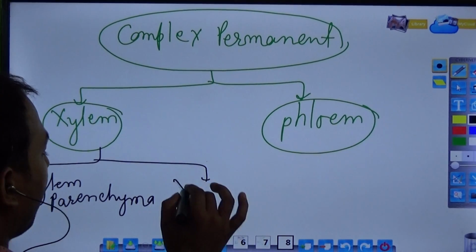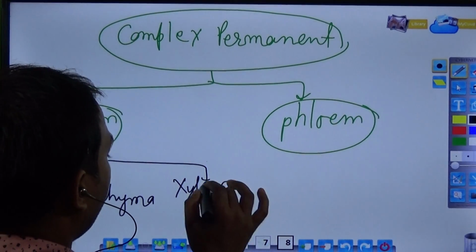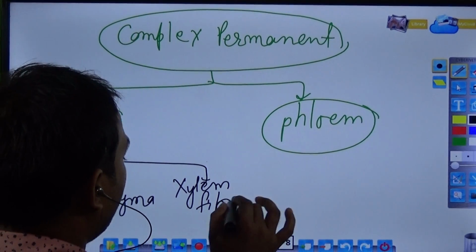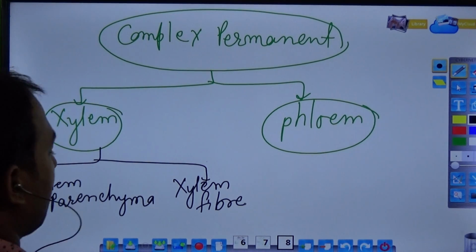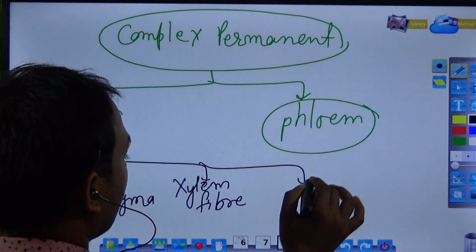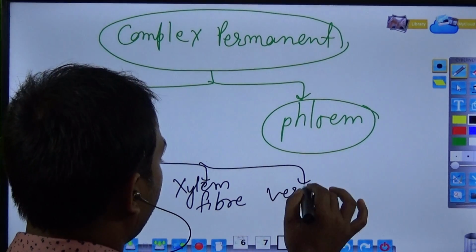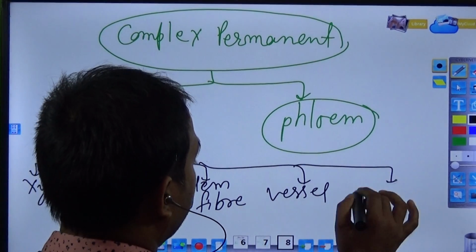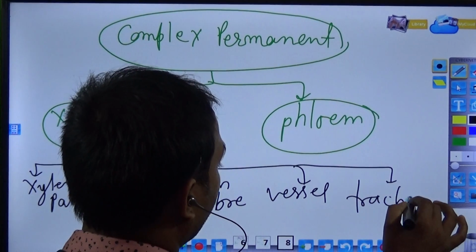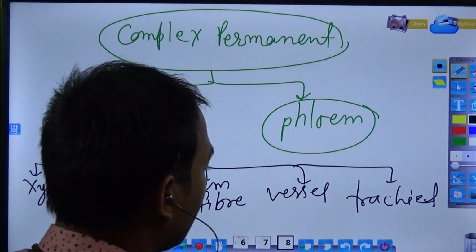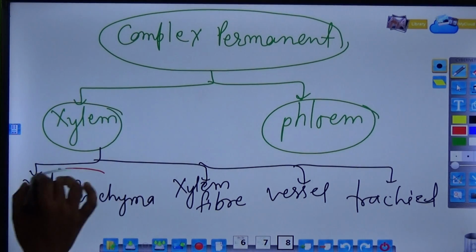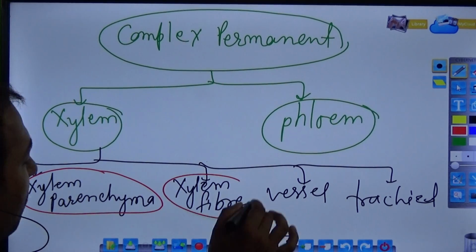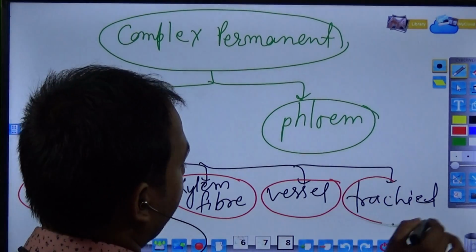Second, xylem fiber, or we can say xylem sclerenchyma. Third, vessels, and fourth, tracheids. There are four components of xylem: xylem parenchyma, xylem fiber, vessels and tracheids.